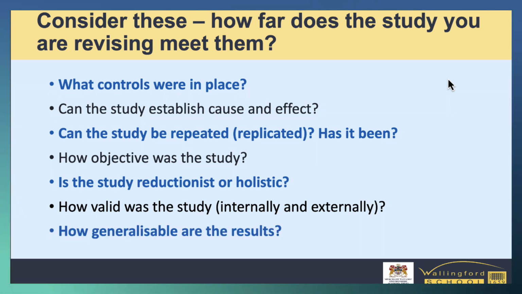And finally, just one idea to think about is how generalizable are the results? Can we take our findings and apply them to different groups of people, different populations, different genders, different ethnicities, different countries, different cultures?